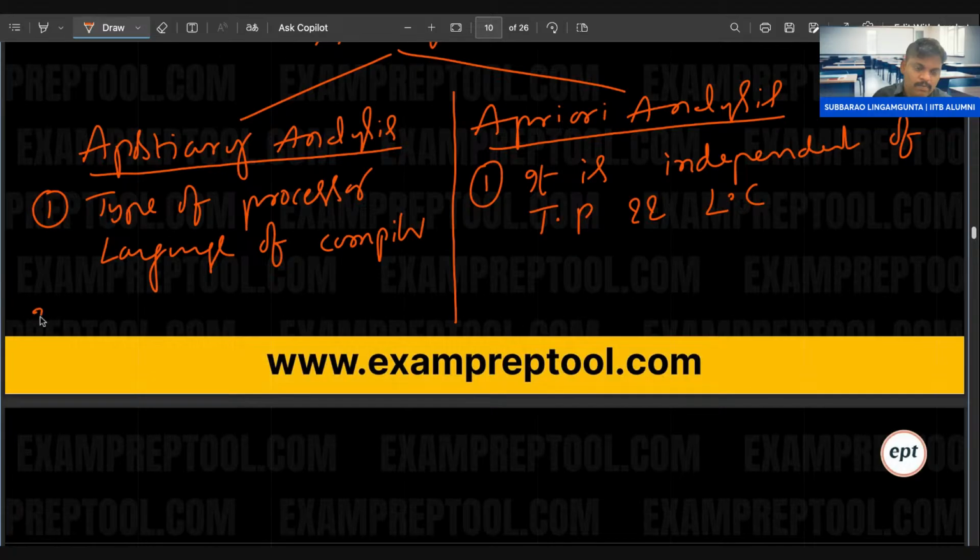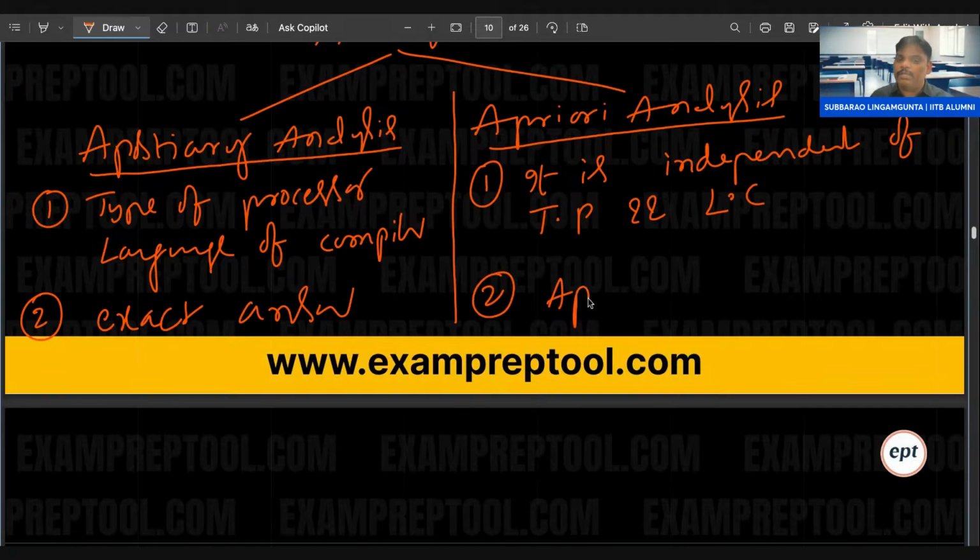Second one, because you are taking real things into consideration, you will get an exact answer. In priori analysis, you will get an approximate answer.